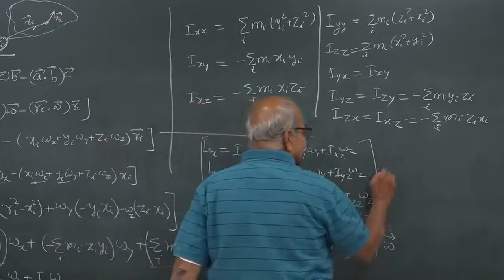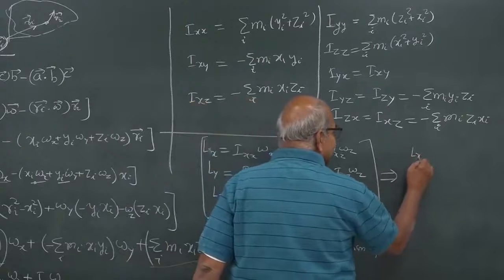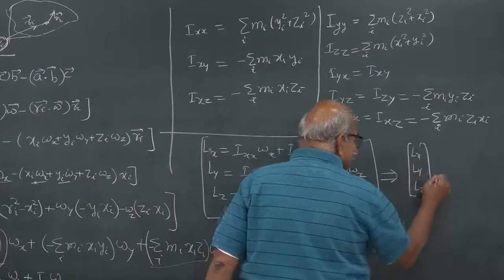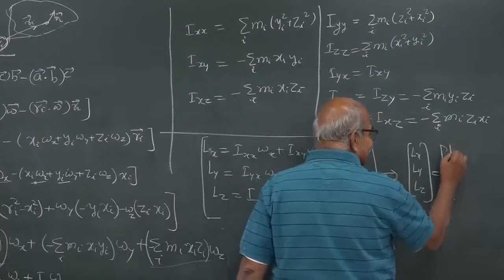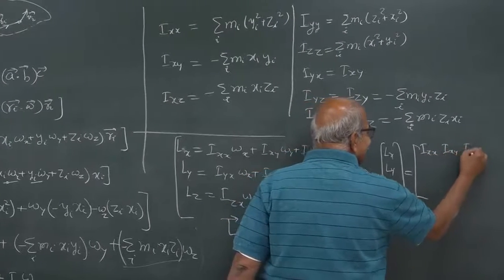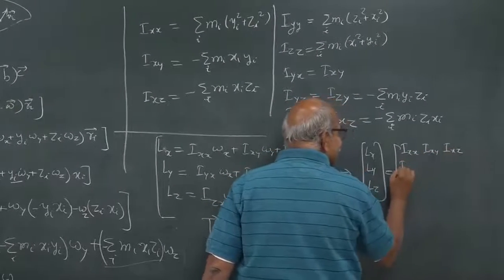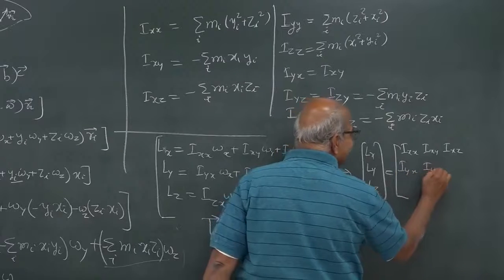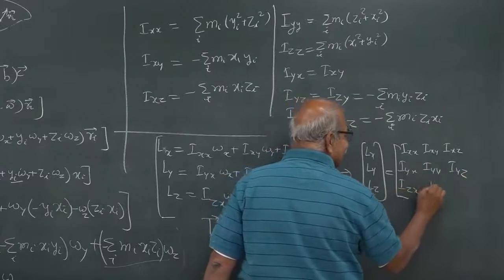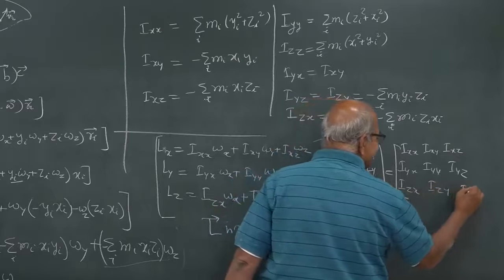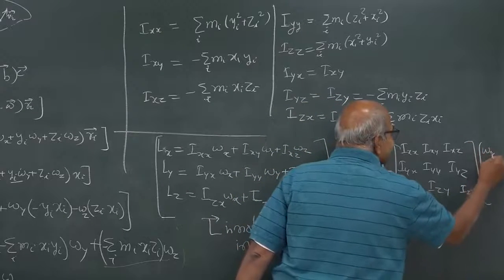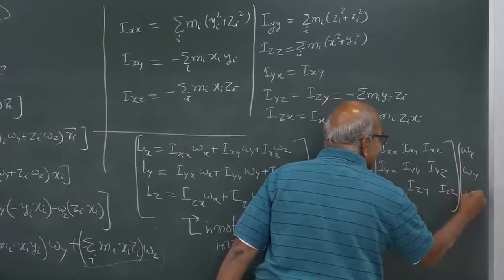You will write it as the column matrix Lx Ly Lz, equal to the matrix Ixx Ixy Ixz and so on, Iyx here, Iyy here, Iyz here, Izx here, Izy here and Izz here, and then on this side it is omega x, omega y and omega z.